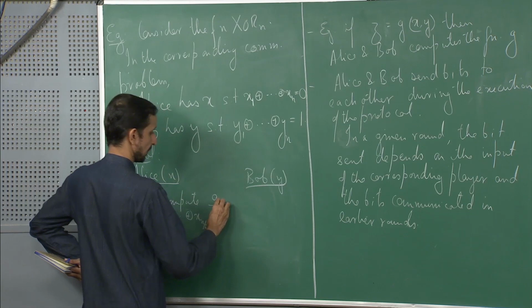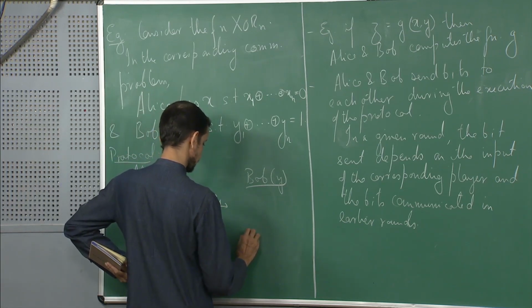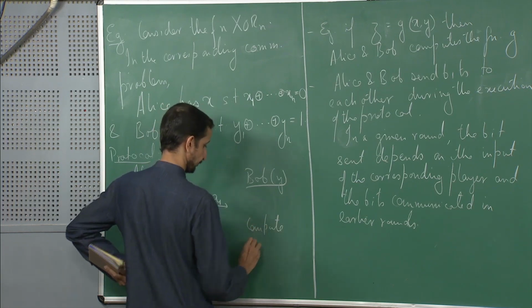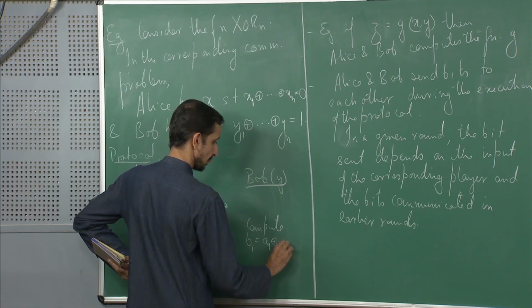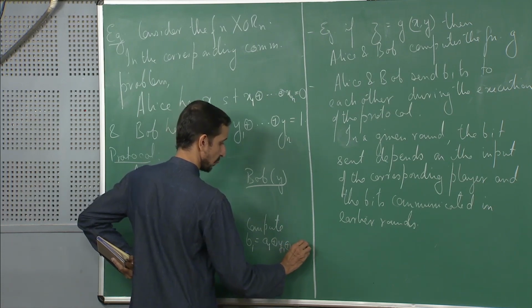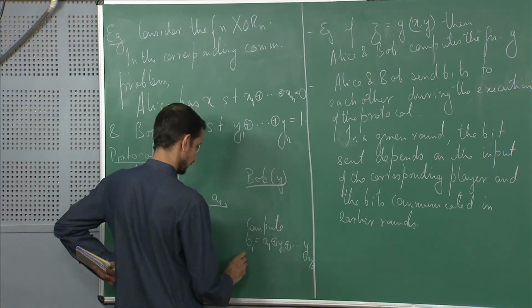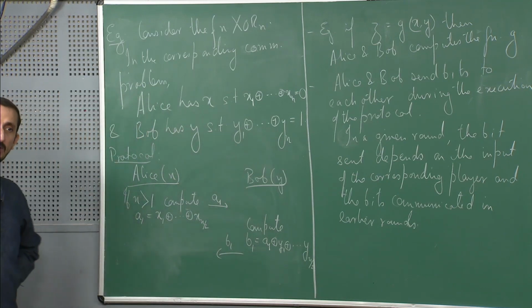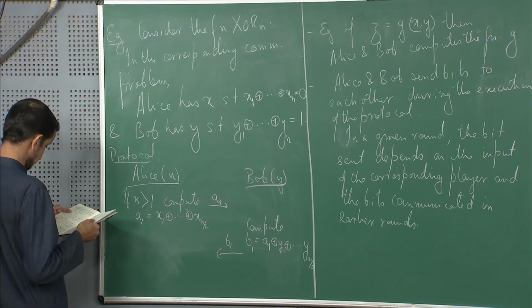Now Bob computes B1, which is equal to A1 parity y1 up to y_{n/2}, and sends B1 to Alice. Now what is the condition?